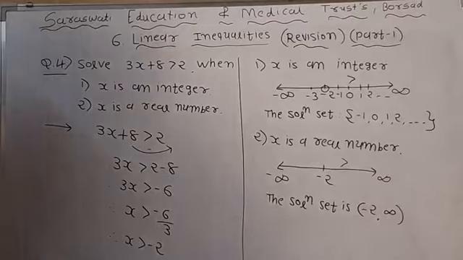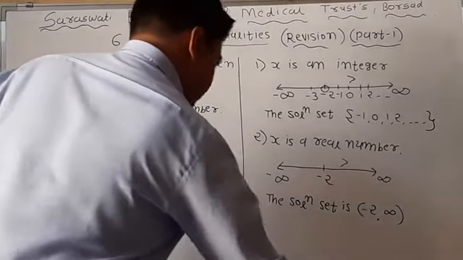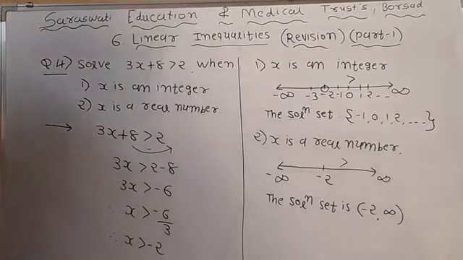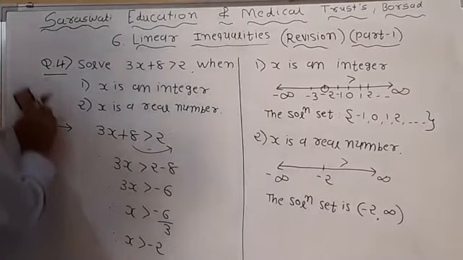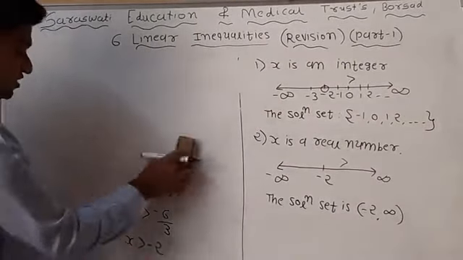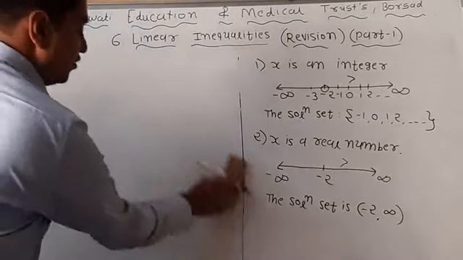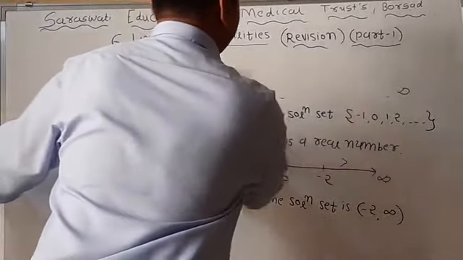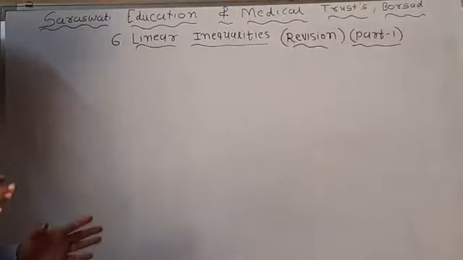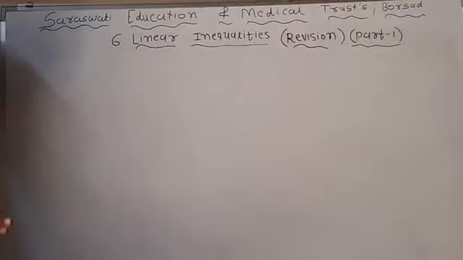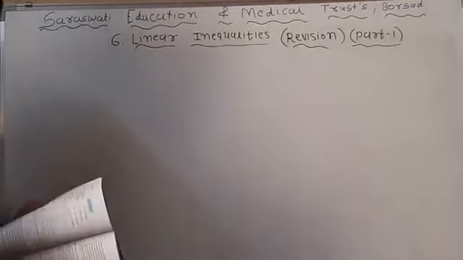Clear? Okay. Now our next question, solve the inequality for real number x. So in this question we only find the value of x, and the condition is that the value of x is a real number. That means the answer is represented in interval form.